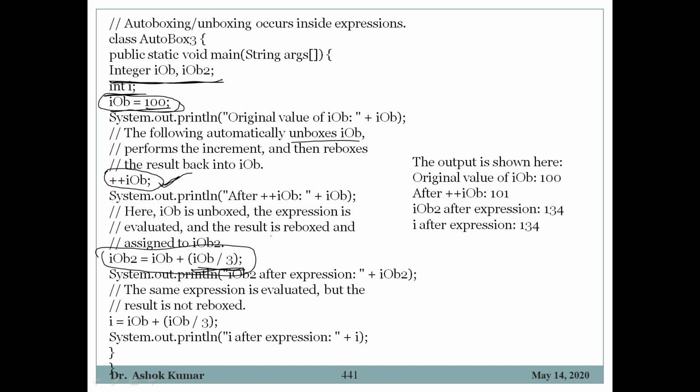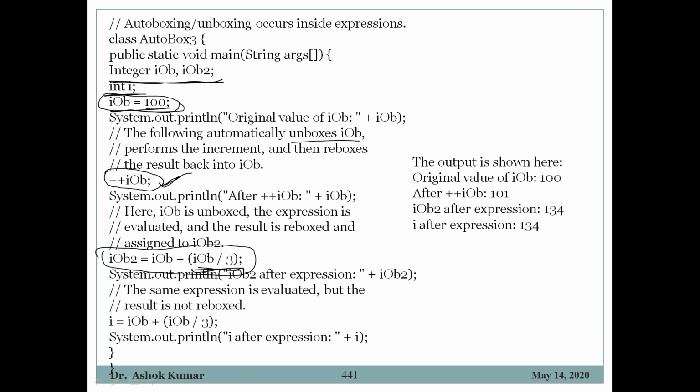Here the denominator is of fundamental type, but the numerator of the expression is an object. Because these two are of different type, Java will automatically unbox IOB, because IOB is of wrapper class Integer, so you will get the corresponding primitive type when the auto unboxing is performed.